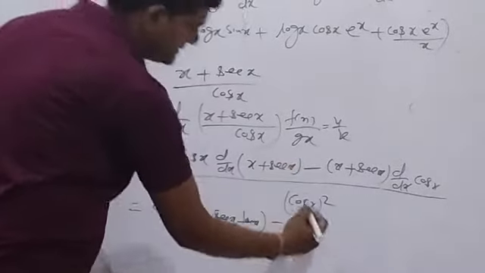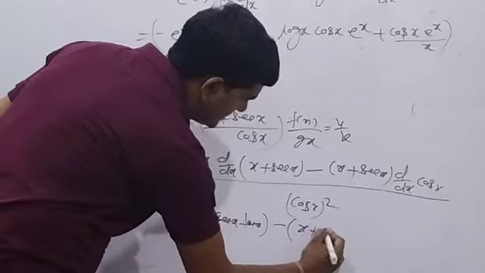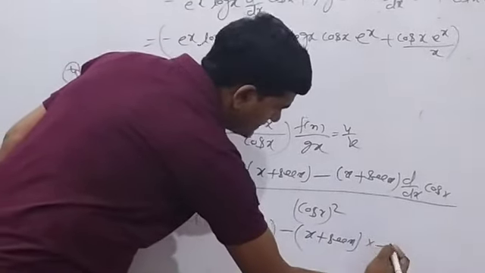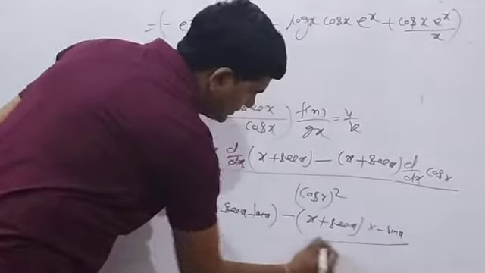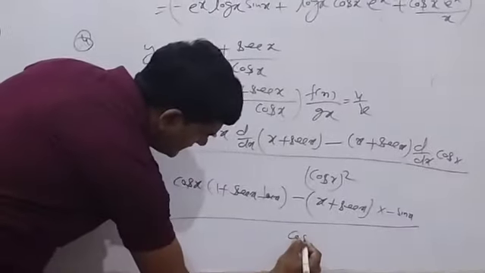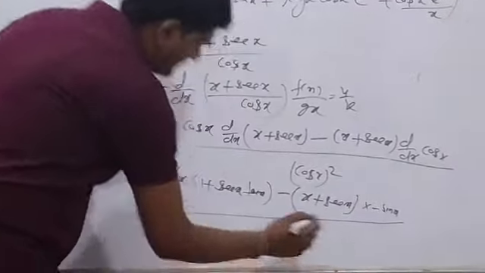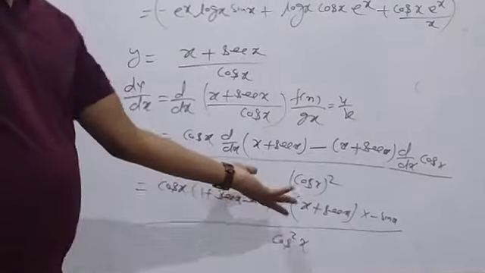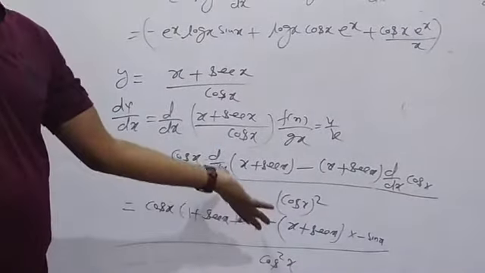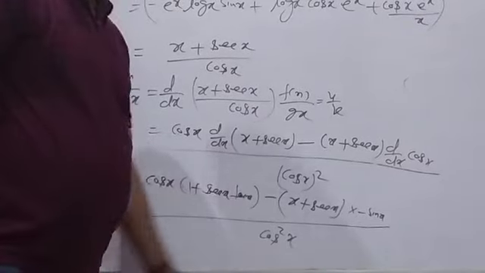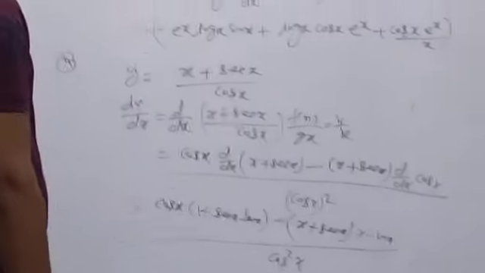And minus (x plus sec x), differentiation of cos means minus sin x, whole upon cos x whole square, means cos square x. Now you can open the bracket if you want. After that, whatever value comes, this is the answer. After that you can solve. Okay, this is the answer.